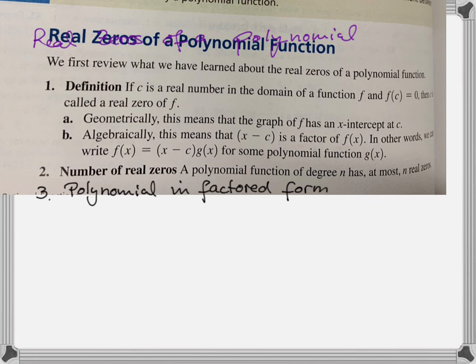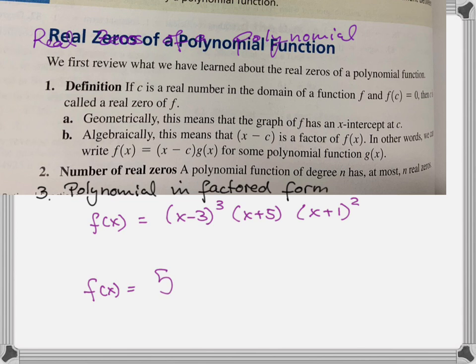Make sure that you know the difference between a polynomial in factored form and not in factored form. Let's say we have x minus 3 to the third times x plus 5 times x plus 1 to the second. And then I give you a polynomial that looks like so: 5x to the third plus 2x squared minus 15x plus 10.